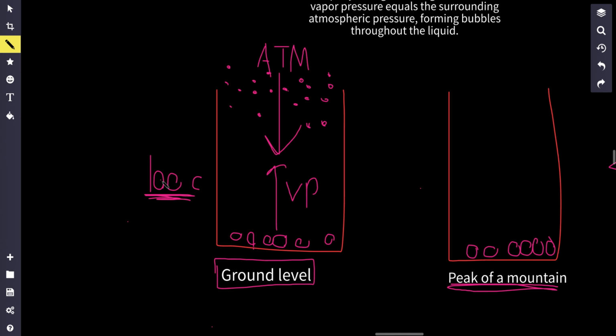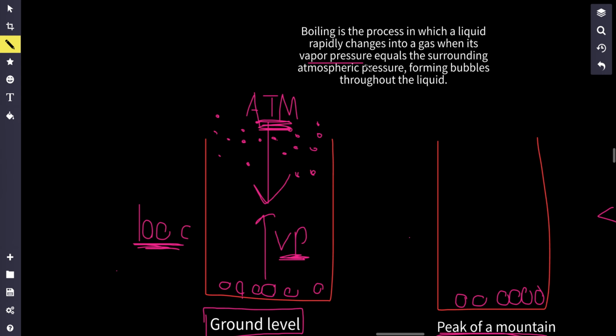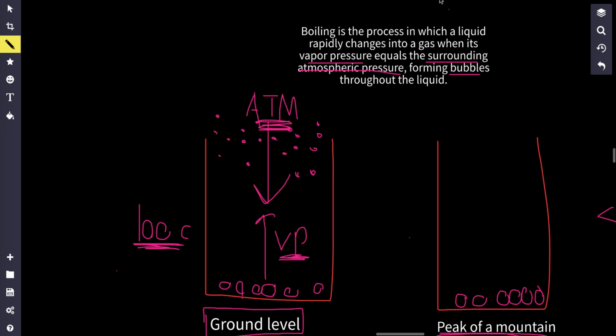It turns out that at 100 degrees Celsius, the vapor pressure of the water molecules is equal to the atmospheric pressure. And when the vapor pressure is equal to the atmospheric pressure, this is when the water molecules start boiling, okay? So boiling is just when the vapor pressure is equal to the atmospheric pressure, and this is how bubbles are formed when you see something boil.